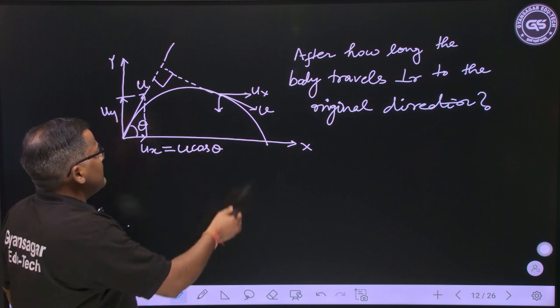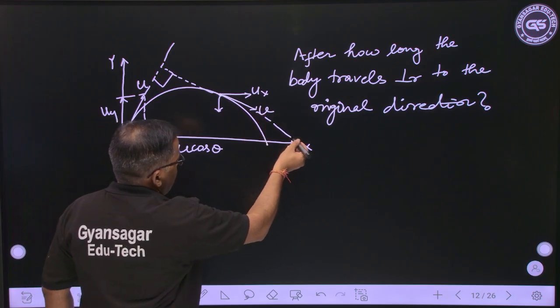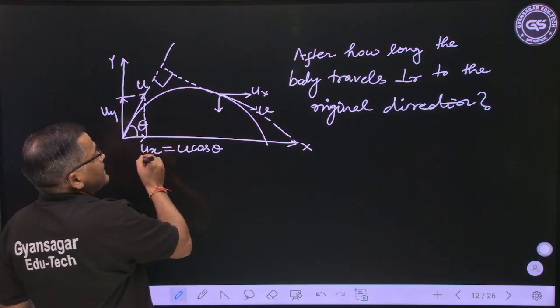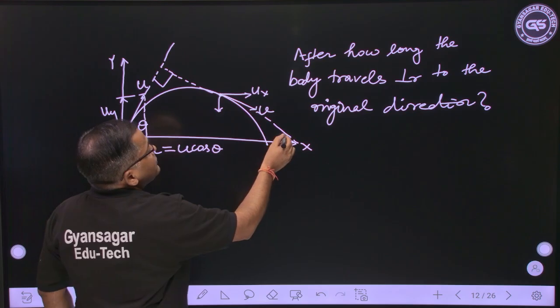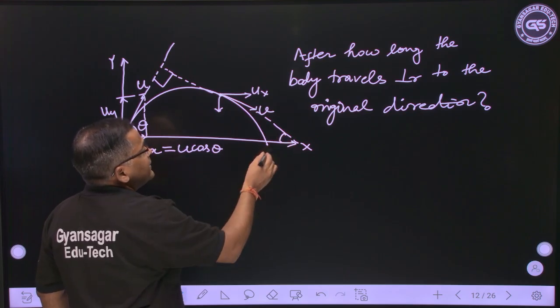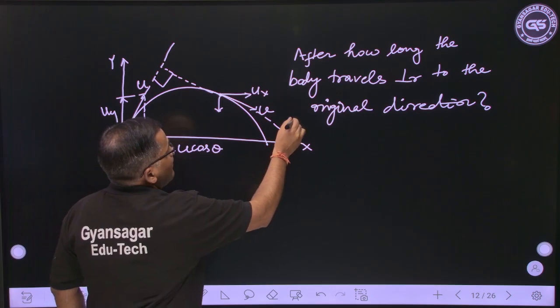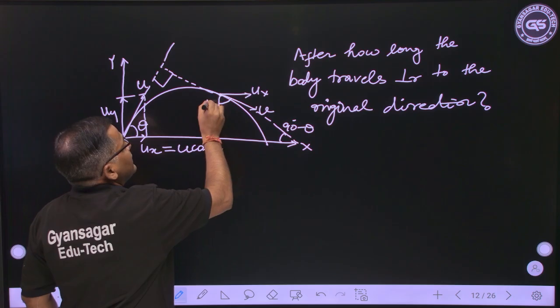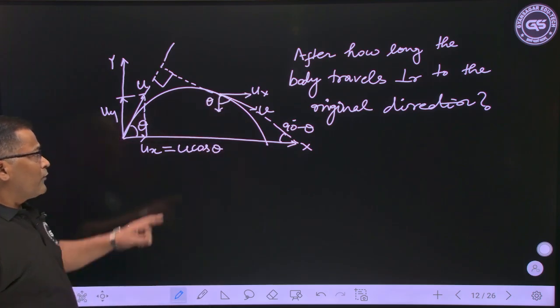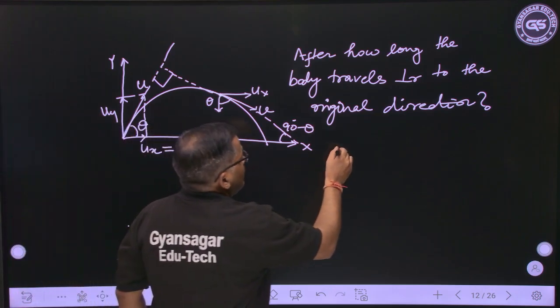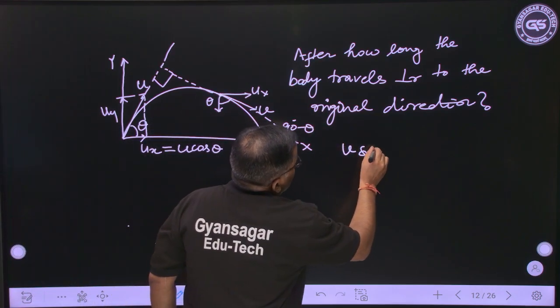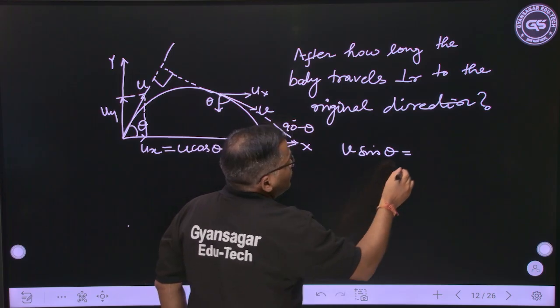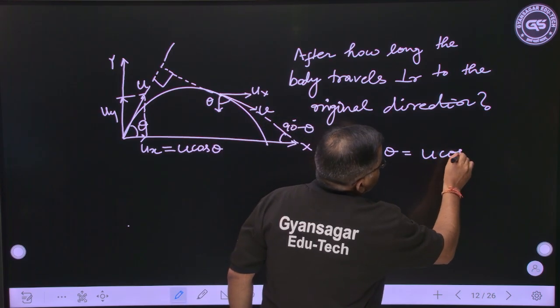Now from here, this angle is theta, so this angle is 90 minus theta, and that means this is also theta. So from here, v sin theta is equal to u cos theta.